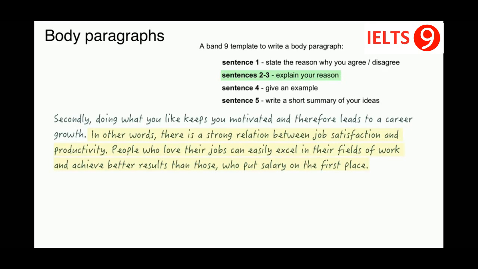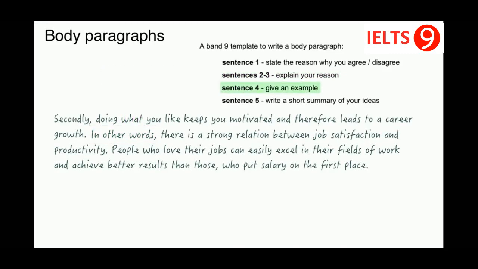People who love their jobs can easily excel in their fields of work and achieve better results than those who put salary on the first place. Look at how I used phrase, in other words, to indicate that I start writing an explanation. It is a very nice technique.